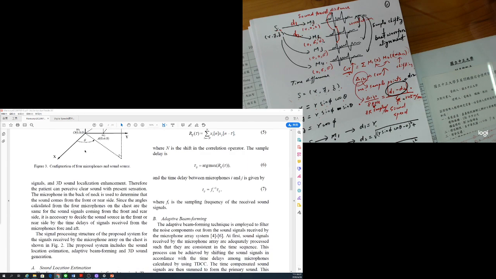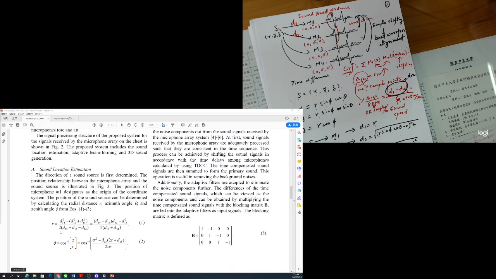According to figure 3, we come up with alpha, theta, and phi. There is no derivation in this paper, so today I already did some derivation for your reference.